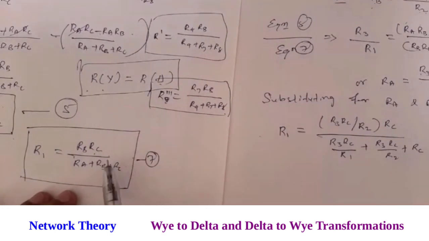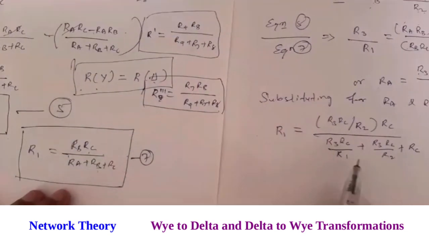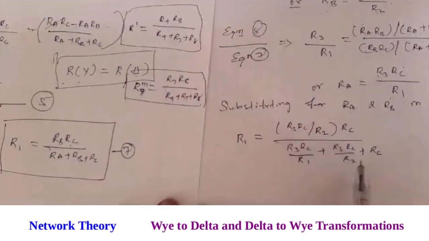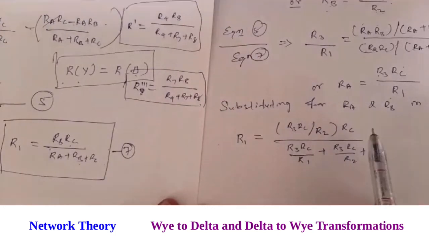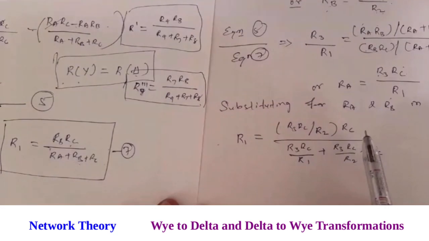In this equation I have substituted the value of RB and RA. Obviously the whole equation will be only in terms of RC and R1, R2, R3. That's what you can see here. You don't have any other resistance of the delta network other than RC, and the remaining are all Y network resistances. I'll simplify this a little bit.